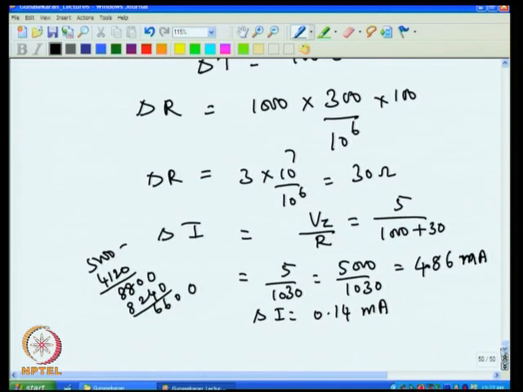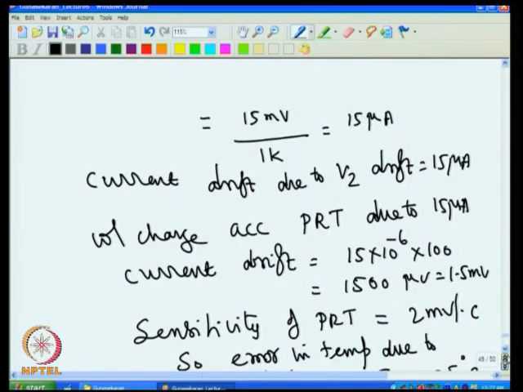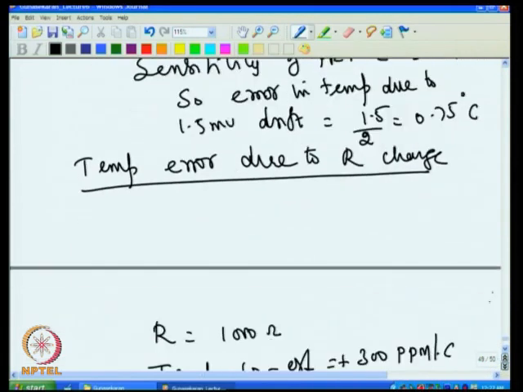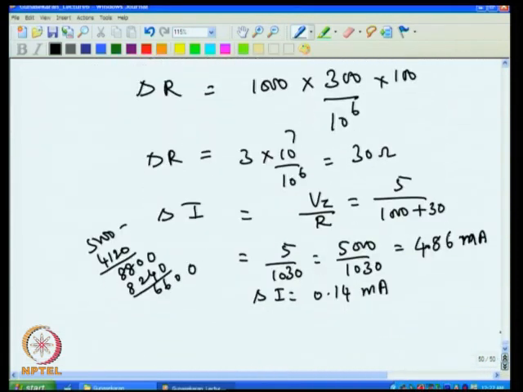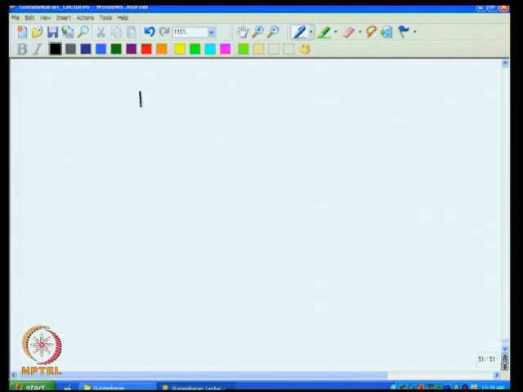Now what is the temperature error it will give? If the current is changing this much, then the temperature error can be calculated.